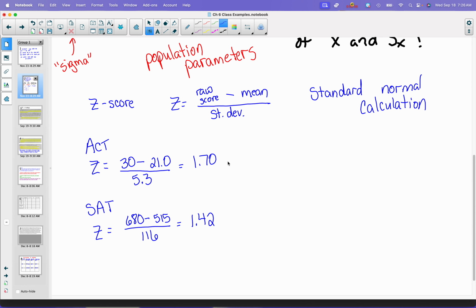Now, what this means, how you interpret a z-score, this tells us that she scored 1.7 standard deviations above the mean.